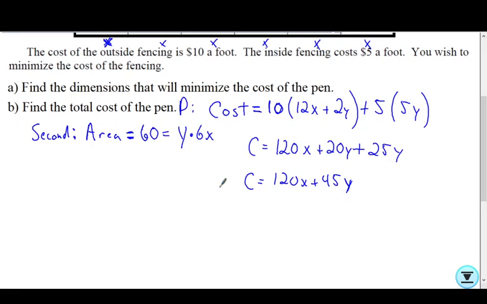Now, like our other optimization problems that we've done, we're now going to get our cost, our optimization equation into one variable by plugging in my secondary equation. So my secondary equation, I'm going to solve for y. So y equals 10 over x.